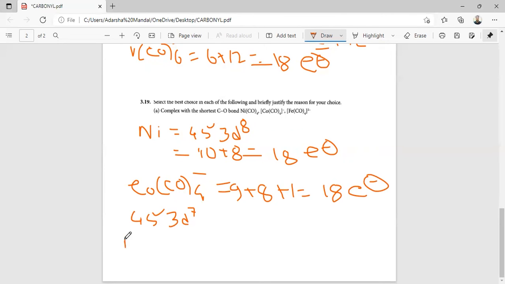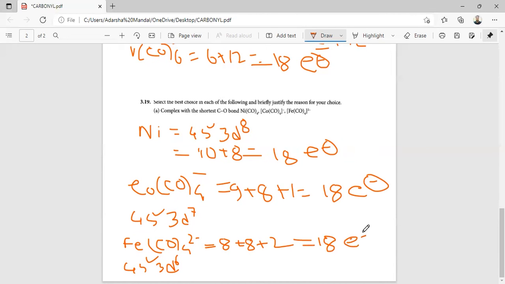And for Fe(CO)4 2 minus, Fe is 4s2 3d6, so 8 plus 8 plus 2, total 18 electrons. So all three complexes have 18 valence electrons.